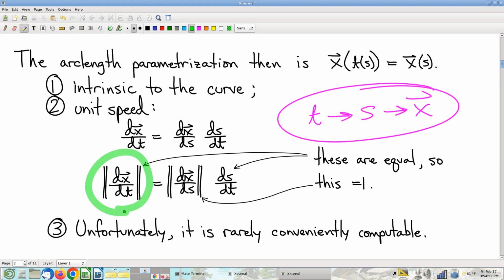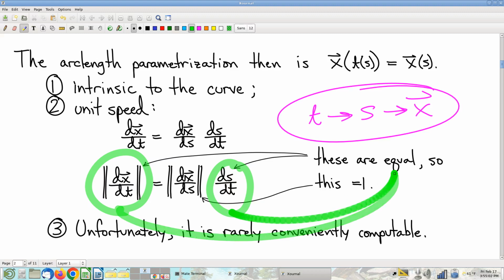That's the magnitude of the velocity vector, aka the speed. And what is this thing? Well, that's distance per unit time, aka speed. So these are equal to each other, and it therefore immediately follows that this thing here is 1. So, nice little handy-dandy proof.